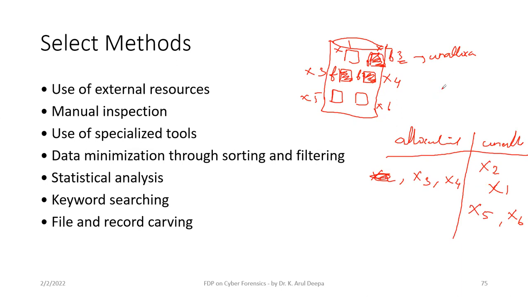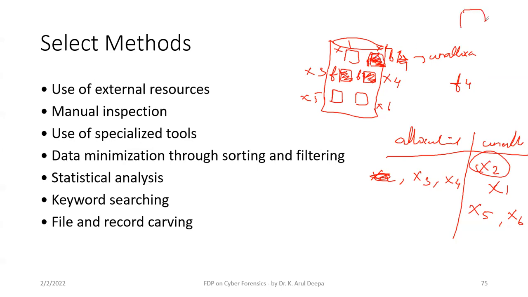Now I want to create a new file called F4, to which I need some portion of memory. So from unallocated space, the space has been allocated. So this X2 has been allotted for F4.